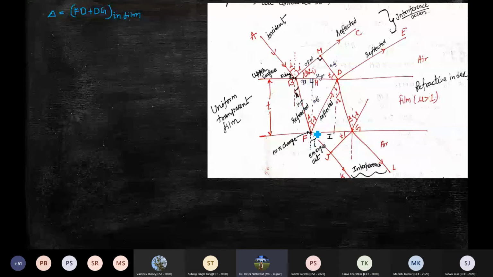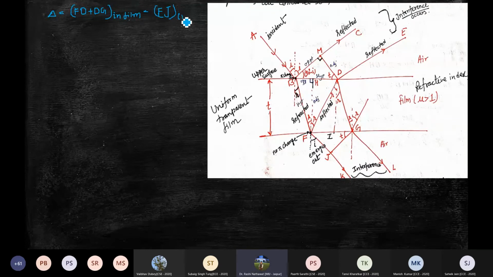But another wave is actually traveling a path FD, DG, and then coming out as GL. But the medium is the same, minus of FJ, either FK or FJ, you can write anything. And this is directly in air.